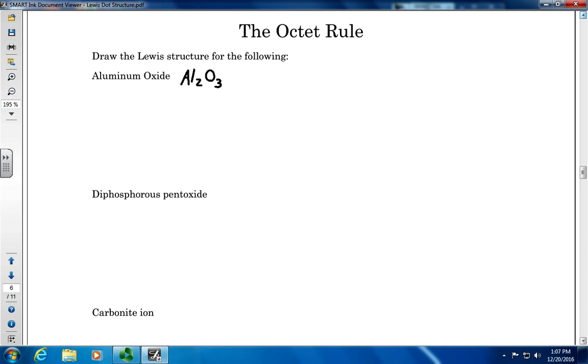So if we were given this particular molecule, the structure of which would probably have an oxygen, 2 aluminums on either side, and maybe let's put an aluminum over an oxygen over here and an oxygen over here. That's roughly what it looks like.